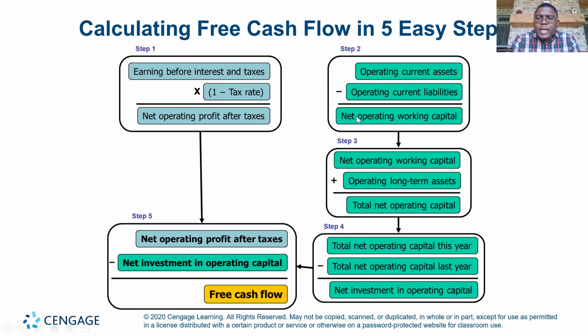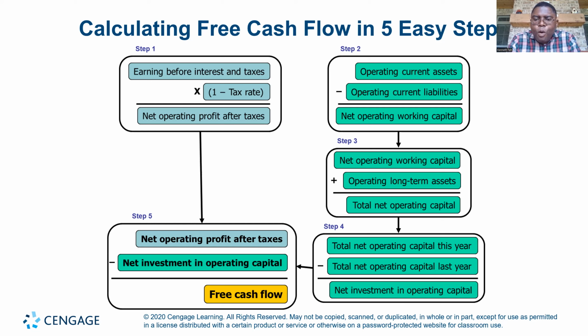Then in step 2, we get the net operating working capital, which is the operating current assets minus the operating current liabilities. In step 3, we generate the total net operating capital, which is the net operating working capital plus the operating long-term assets. Once we add that up, we are able to get the total net operating capital.